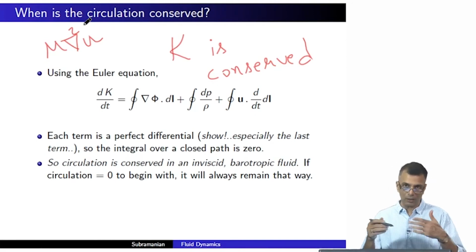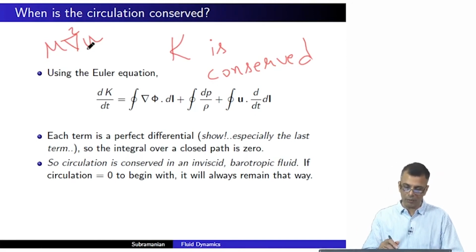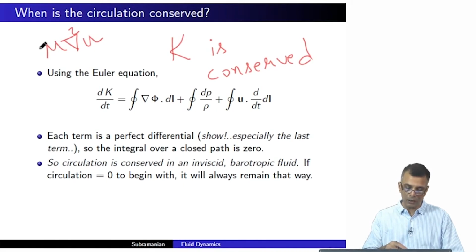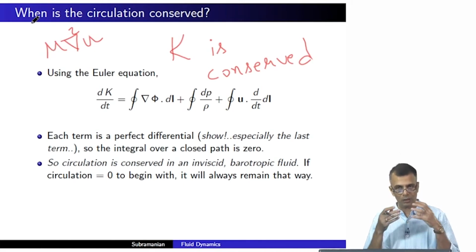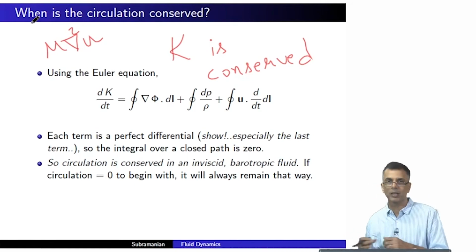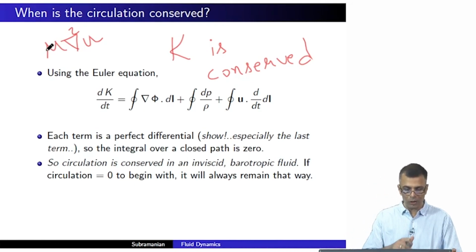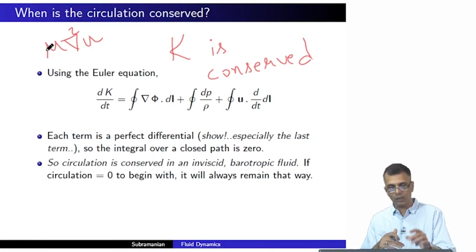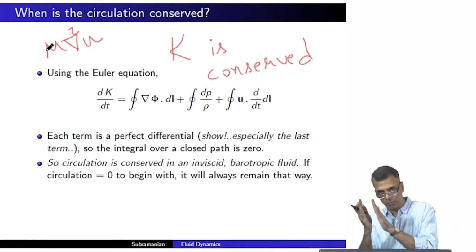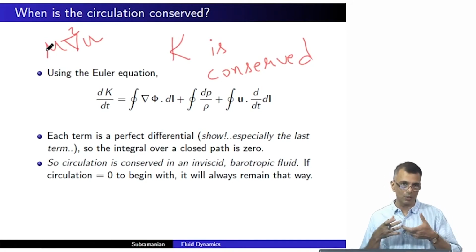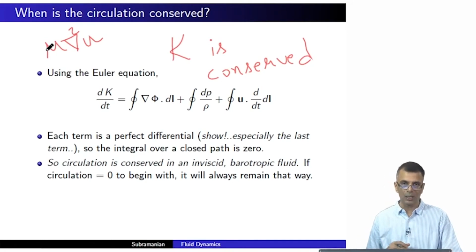So the multiplication of these two assumes importance. This term, which is essentially the only combination in which the viscosity appears in the momentum equation, assumes importance. Even though mu is small in the bulk of the fluid, this term assumes importance at boundary layers, such as the one where the water jet is meeting the wall.